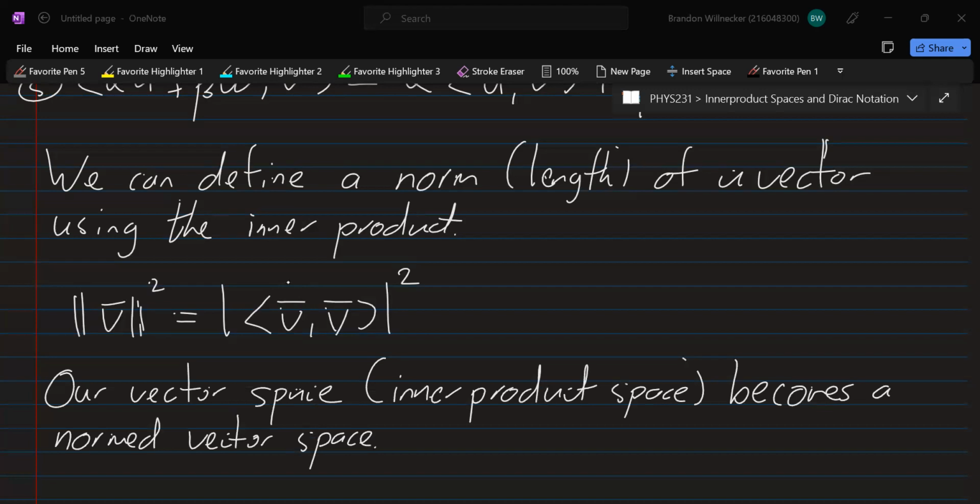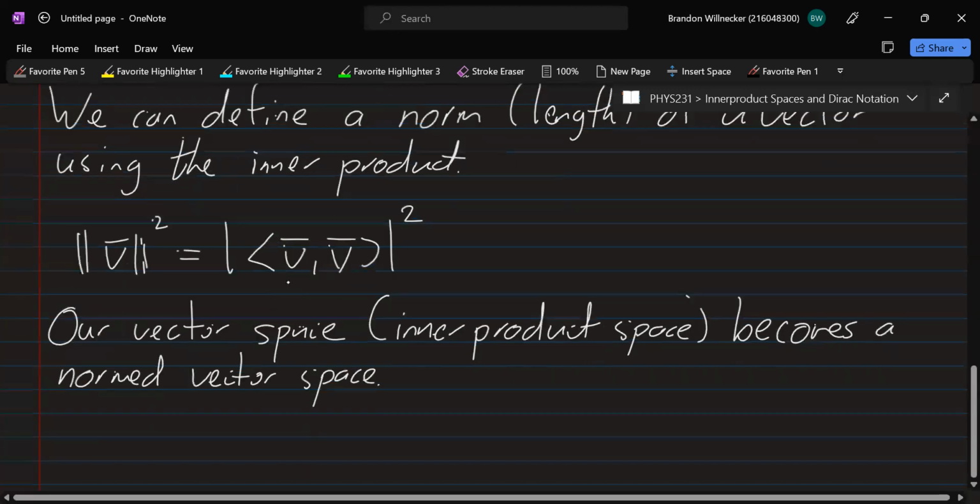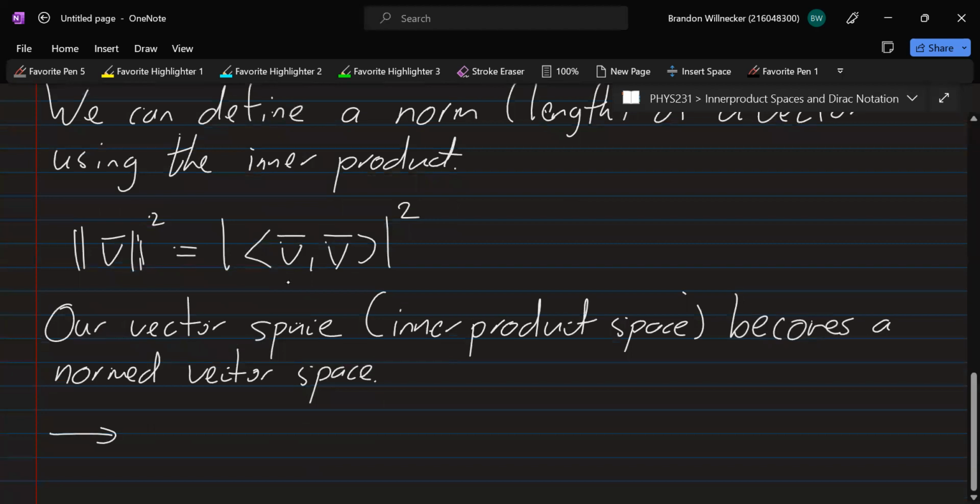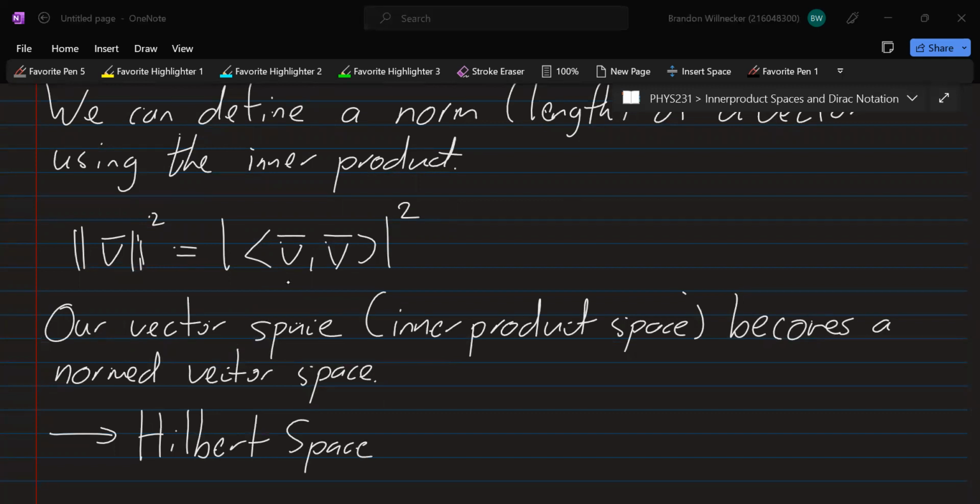And later on, we will add a few more things, and then we will eventually get what is called a Hilbert space. A Hilbert space comes when we add this idea of completeness. We won't get into too much detail with that, I will just do a brief introduction to it. So we take our inner product space, we add completeness, and then we get a Hilbert space.